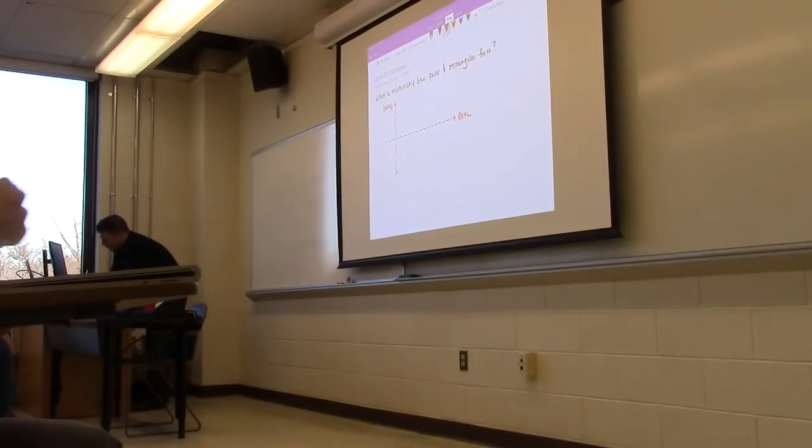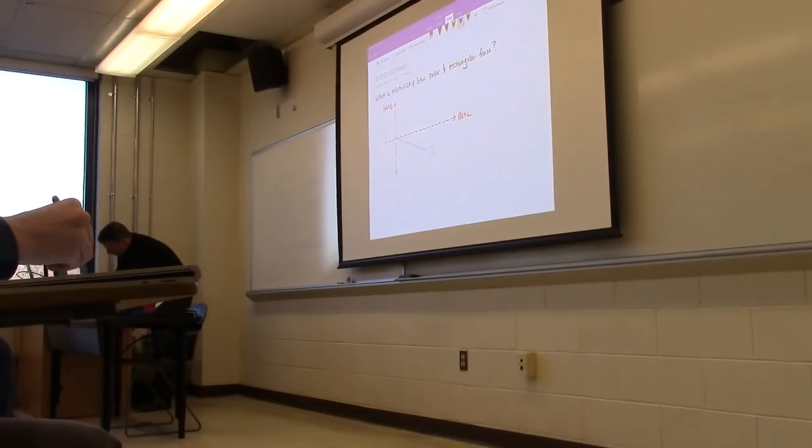And then a phasor would be represented as some sort of vector in this space. We could say this is the phasor I, and it has a magnitude of I, and it has an angle of negative phi.